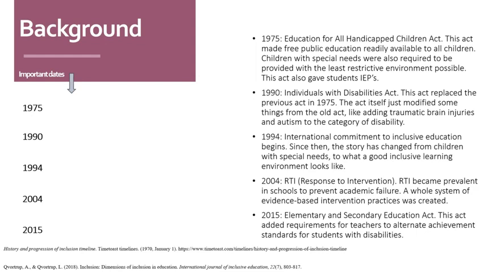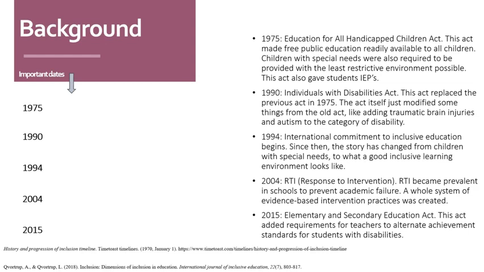In 2004, RTI, also known as response to intervention, became prevalent in schools to prevent academic failure. A whole system of evidence-based intervention practices was created, and to this day, we're still talking about RTI. New RTI strategies are being created every year, it seems like.